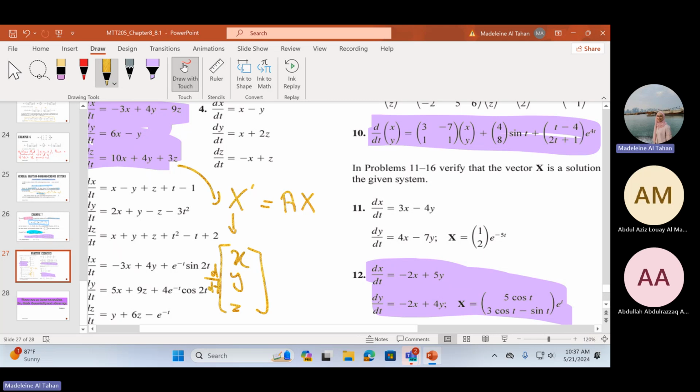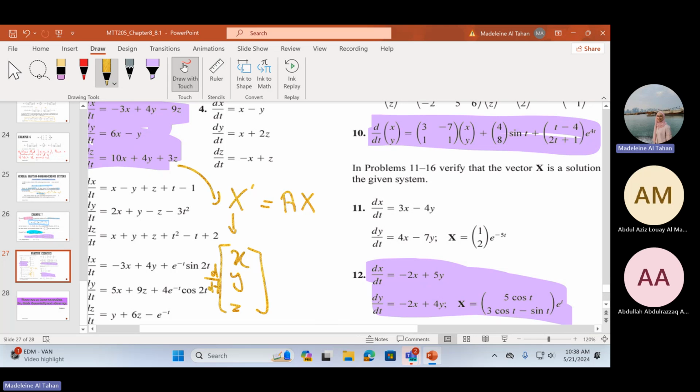Now the second one we need to write as a system. So here what will we get? x prime, y prime equal 3x minus 7y, and here x plus y.